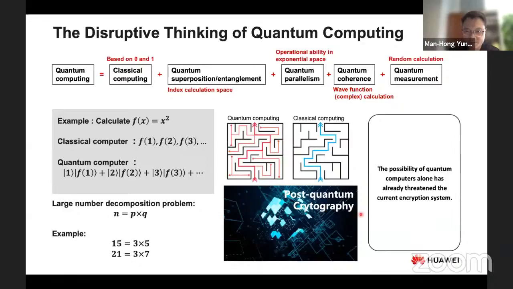People are worried that in the future my information may be disclosed, for some regimes or some countries, where secret documents have to be encrypted for more than 50 years. Then they will be in trouble. And even Bitcoin, right? This will also be dangerous if you don't change it in the future. It will all be cracked by quantum computers.